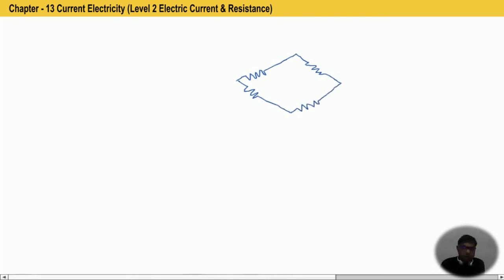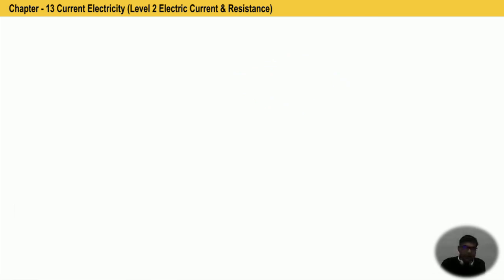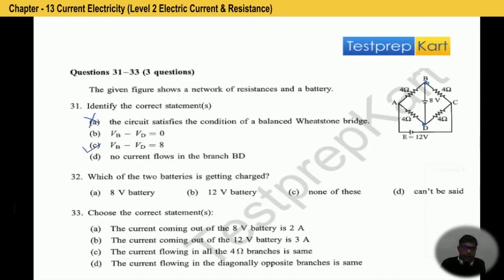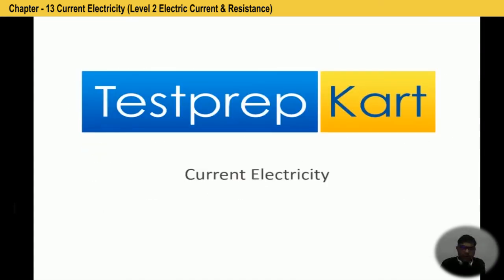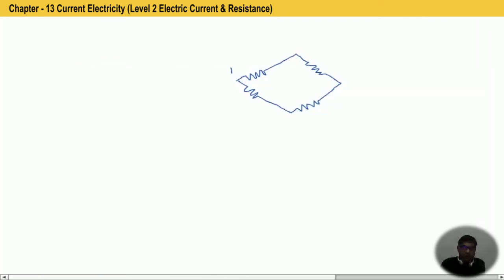Let me again look at the circuit. Between terminals A and C, there is 12 volt. All are 4 ohm resistances.